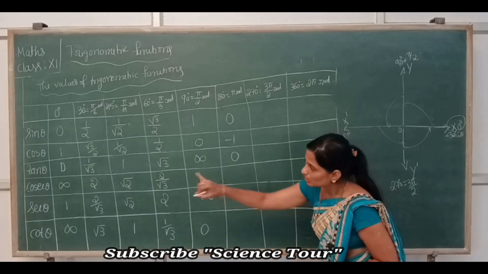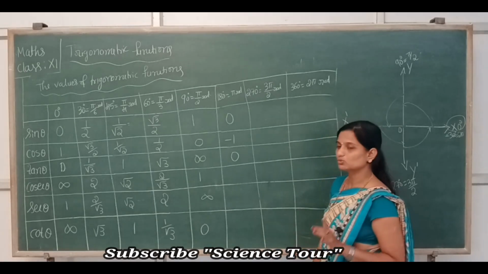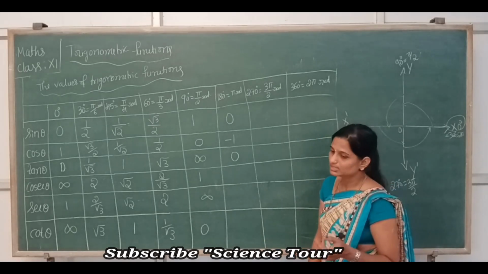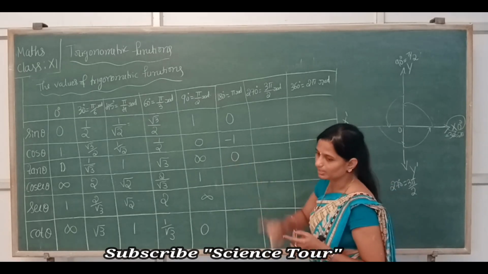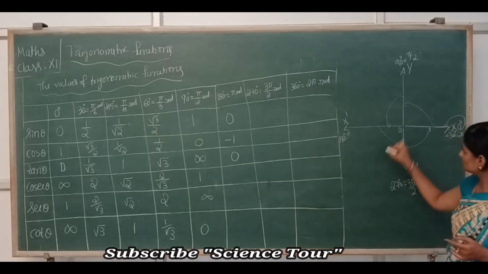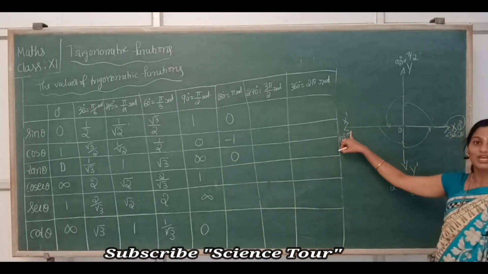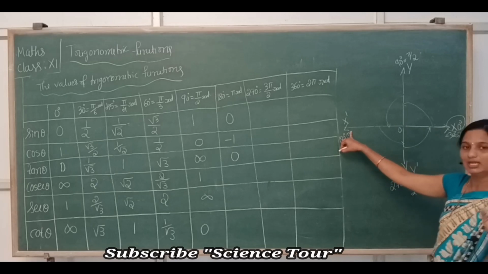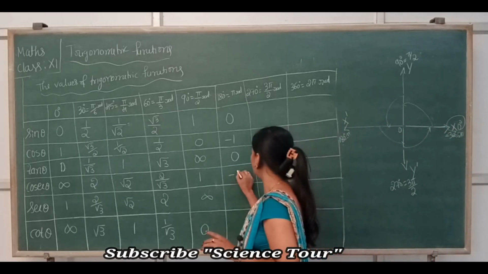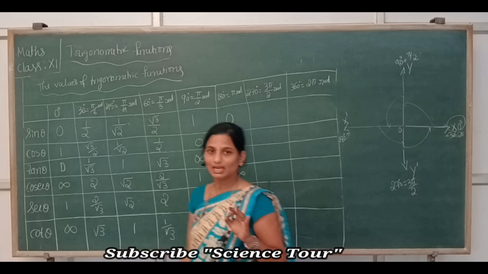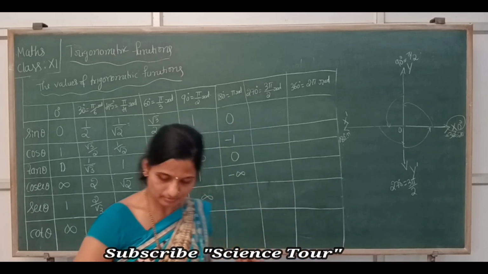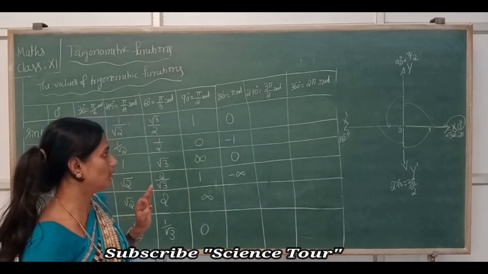Now next, cosecant 0 is what? Infinity. Now what is cosecant 180? Cosecant 180 is minus infinity, otherwise just write it as infinity.